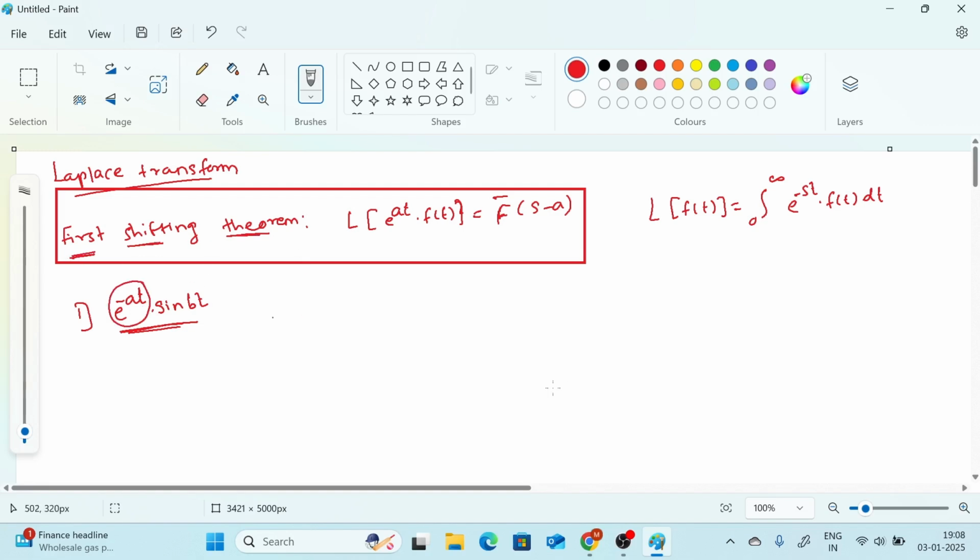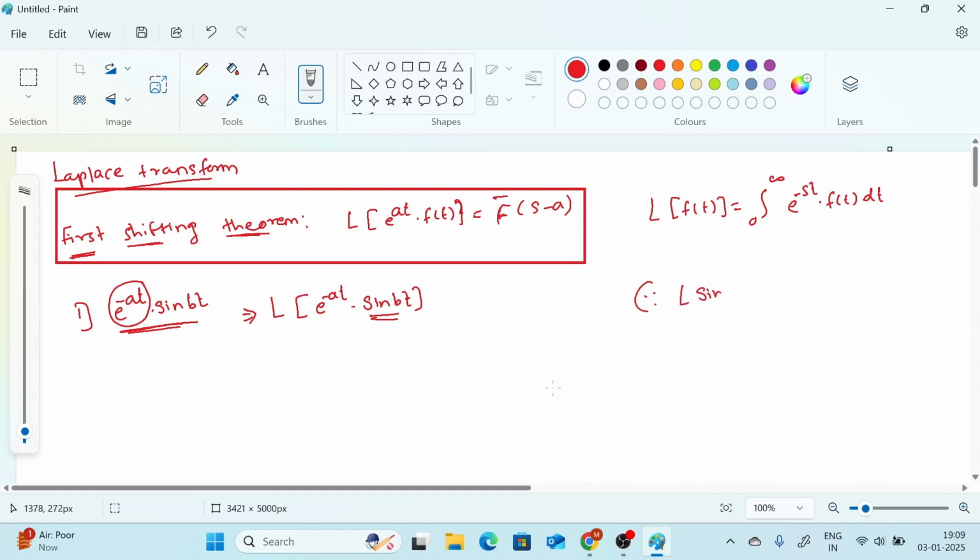That's it. Now what we have to do, Laplace of e raised to minus at sine bt, right? Now we know Laplace of sine bt. So let me recall some of the equations which we discussed in the first two sessions.